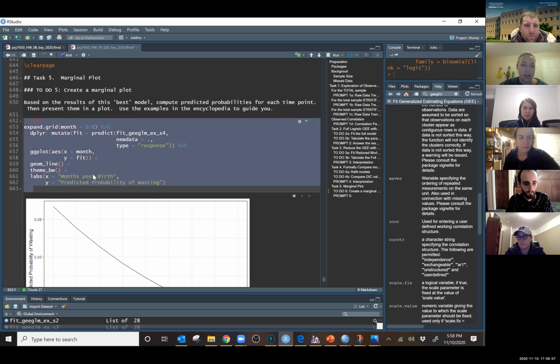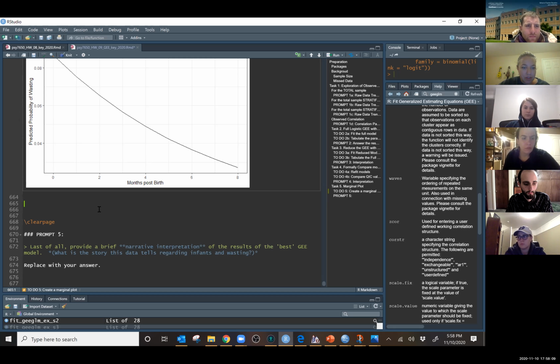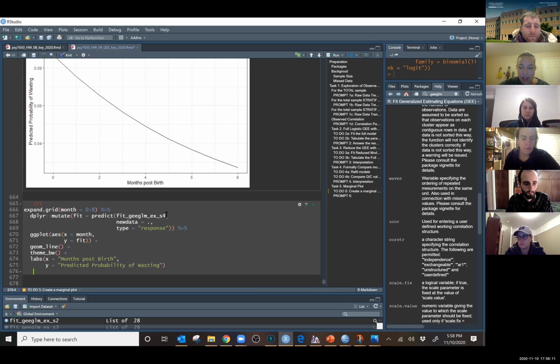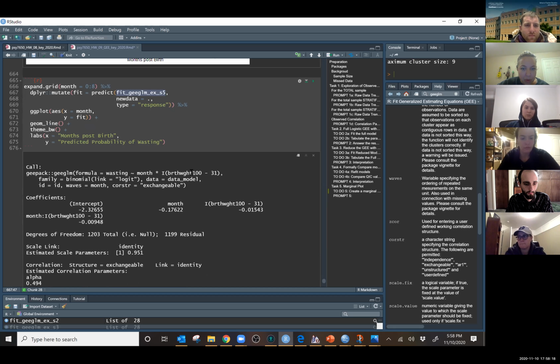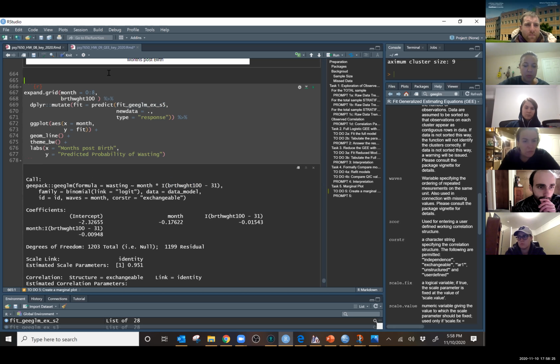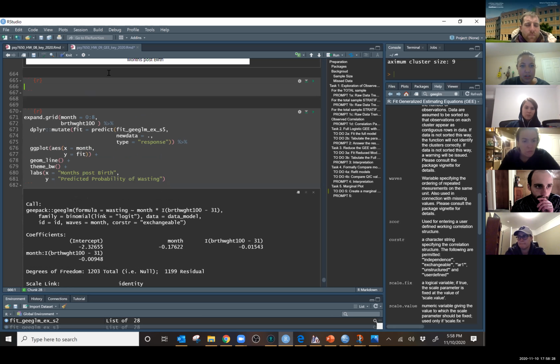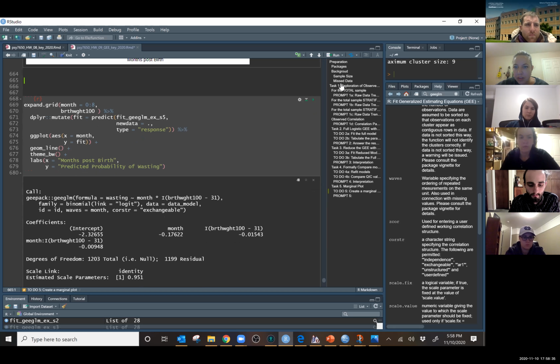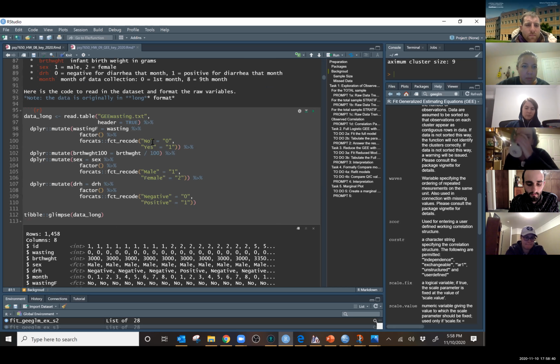Let's do your model 5. My model 5 has month and birth weight. So what was the range of birth weight? Where did birth weight go from? I've got to find some reasonable values.